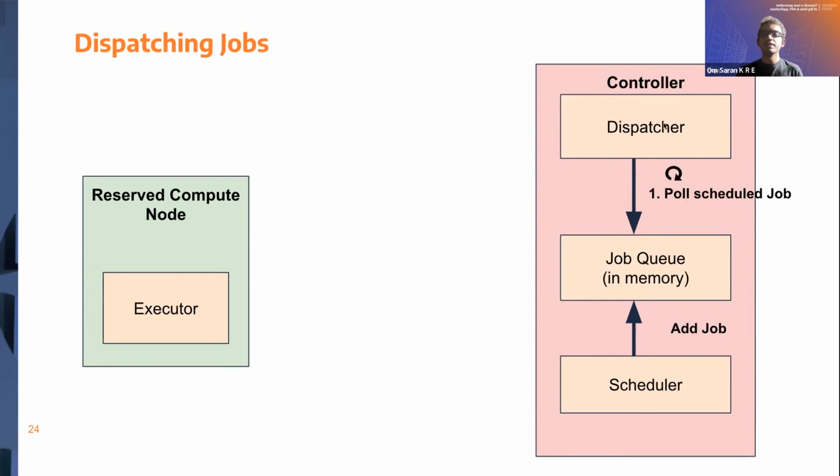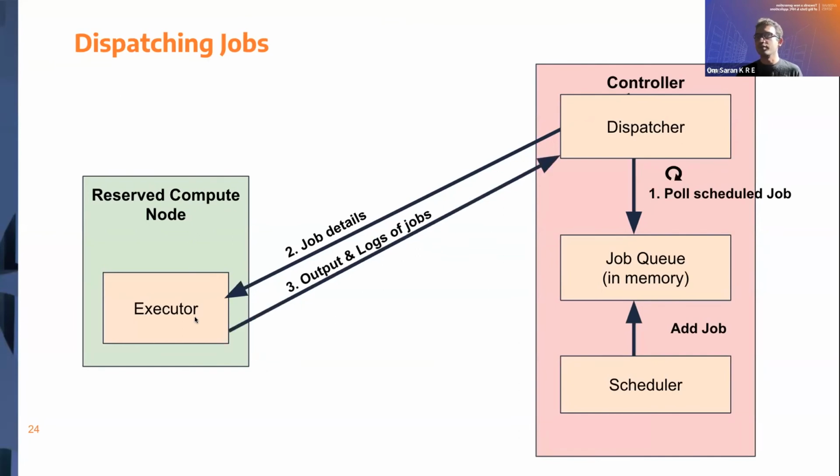And once it finds a job that has been scheduled, it needs to send this information to the appropriate compute node so that the job can be executed. So it sends the job details from the dispatcher to the executor, and then the executor starts running the job. And once it's complete, it sends the output and the logs of the job back to the dispatcher so that the user can see them.